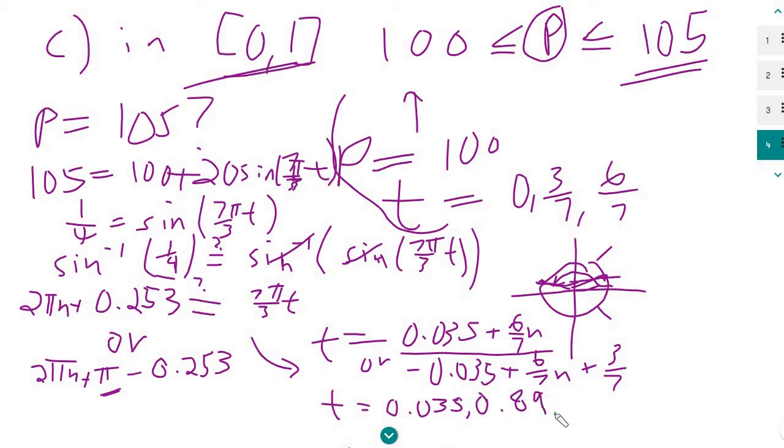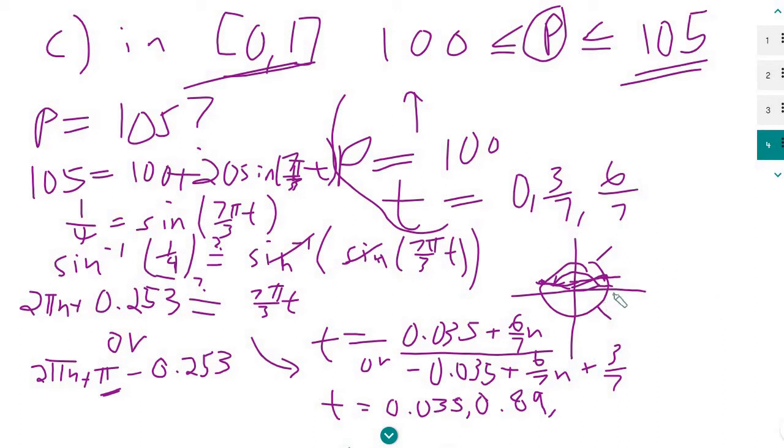0.89. Okay. Now let's see if the second set of solutions gets us anything on the interval from 0 to 1. Okay, if I plug in 0 for n, that's going to be too big. I can see that right away. Oh wait, no it's not. Hold on, the second term is going to cancel. Okay, so if I plug in 0, basically the second term goes away, and I'll have this negative 0.35, adding that to 3 over 7.